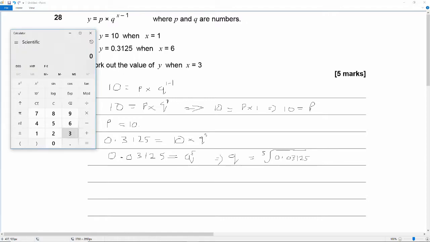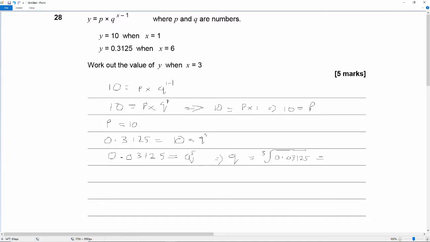Okay, so that's just 0.03125 to the power of, open brackets, 1 divided by 5, and that'll get me the fifth root, and that's 0.5, which is equal to 0.5.